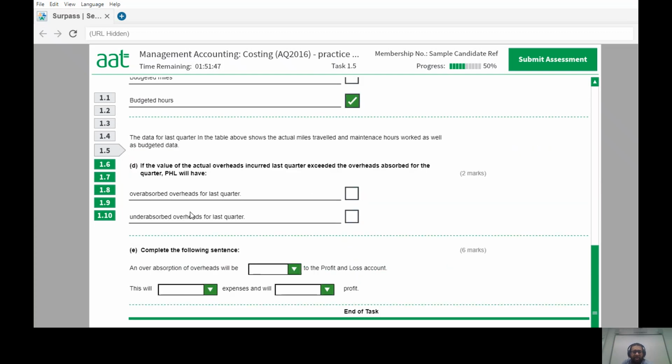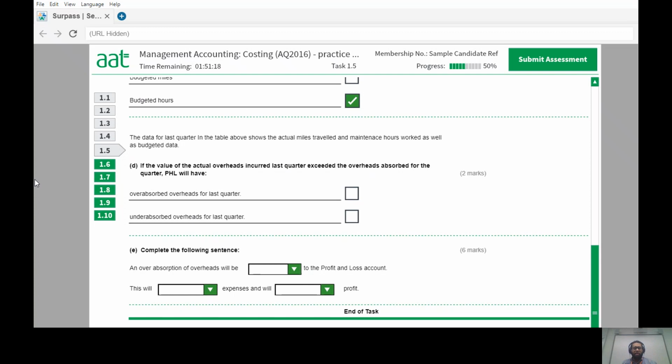The data for last quarter in the table above shows the actual miles traveled and maintenance hours worked, as well as budgeted data. Okay, if the value of the actual overhead incurred last quarter exceeded the overhead absorbed for the quarter, so the actual overheads are going to be higher than my overhead absorbed for the quarter, that means, is that an over or under absorption?